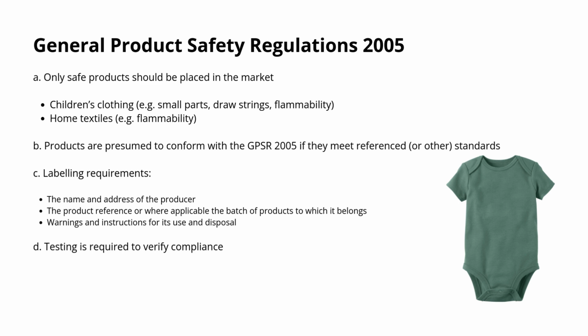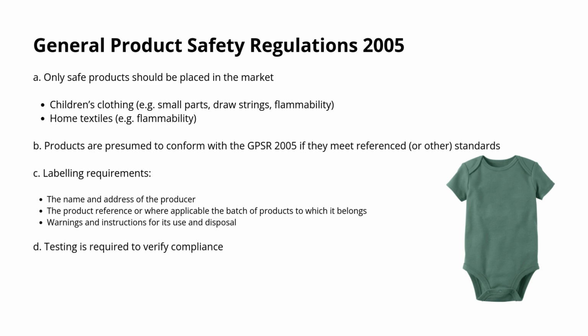Now, if we have something like children's clothing, like you can see this baby romper, then safety would likely be defined in terms of the presence or hopefully non-presence of small parts, drawstrings that are too long and could cause, let's say, a strangulation risk or flammability. When it comes to home textiles, like curtains, then perhaps we're primarily concerned with the flammability risk.